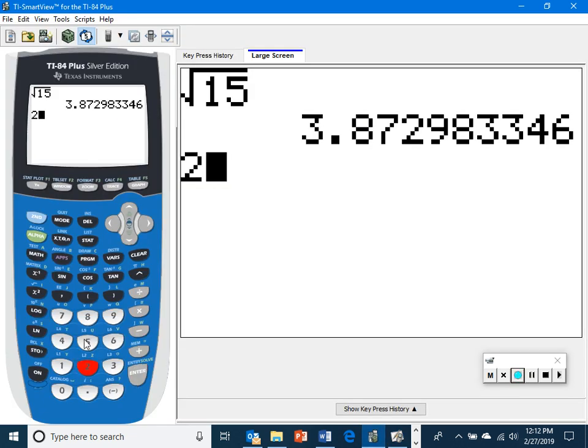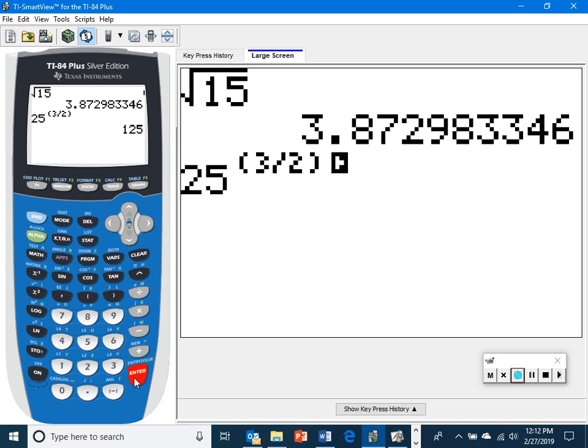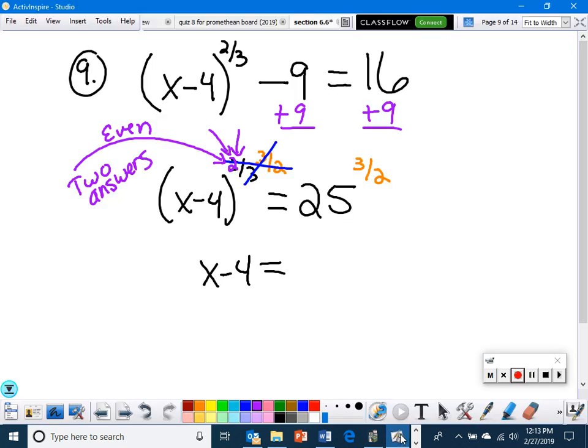We're going to go 25 to the 3/2 power. Those of you with the old calculators, you're going to have to use parentheses. We get 125. But when we write that, we need to put positive or negative 125.